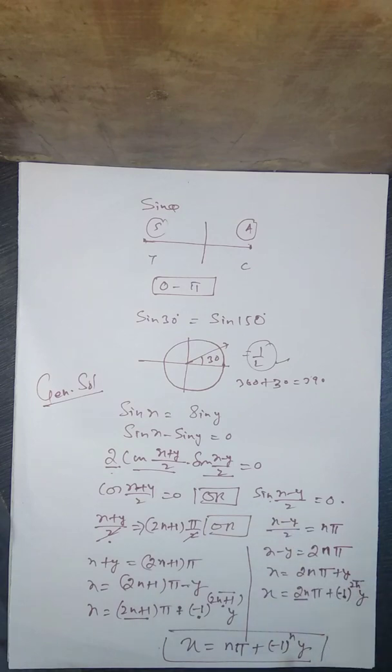Again you are in the second quadrant. It means the general values always belong to the first and second quadrant. And this is how we can write the general solution for sine theta.